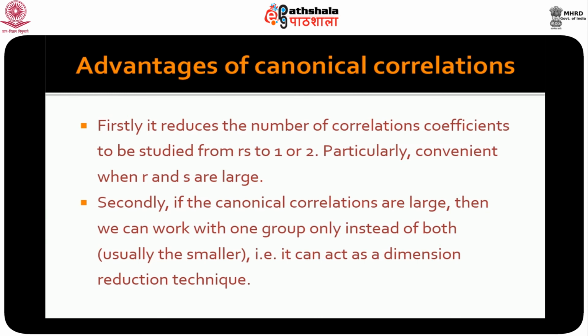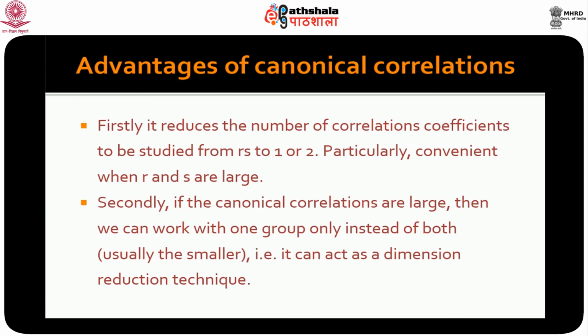We put the correlation between these two sets into one single number, the first canonical correlation, instead of into r times s numbers. The second advantage is that if this correlation turns out to be large, then probably we can say that these two sets of variables are very closely related to each other, and hence we can discard one set and work with the other only.